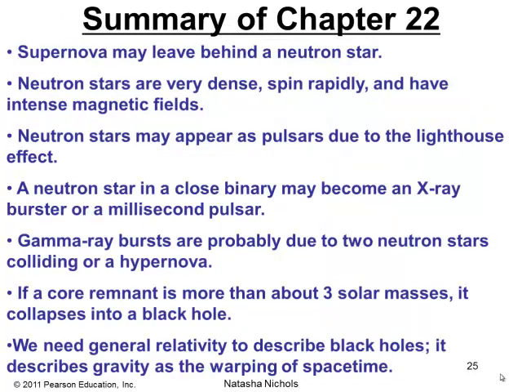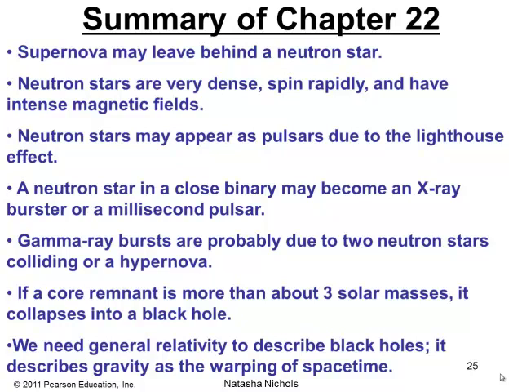Here's a little summary of Chapter 22. A supernova explosion may leave behind a neutron star. Neutron stars are incredibly dense, spin very fast, and have great magnetic fields. Neutron stars may appear as pulsars due to the lighthouse effect.